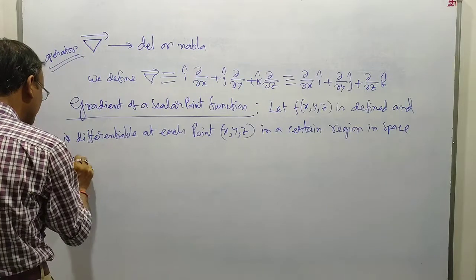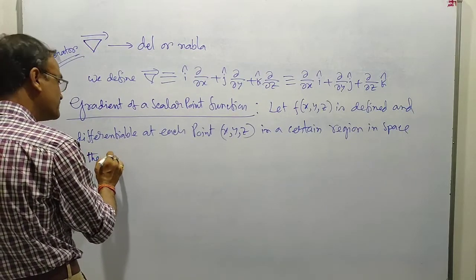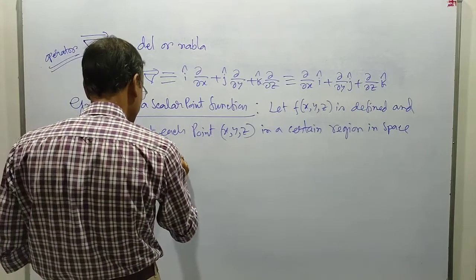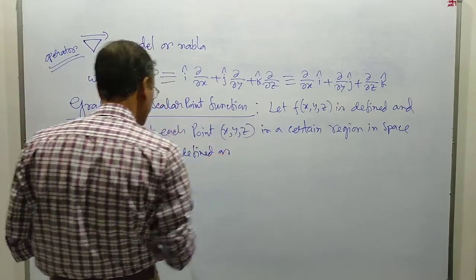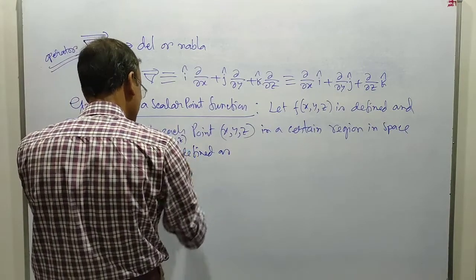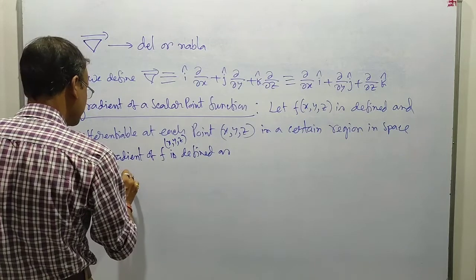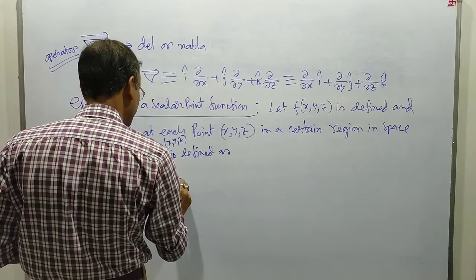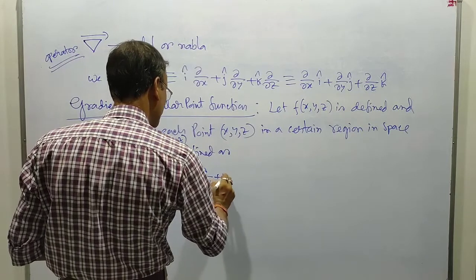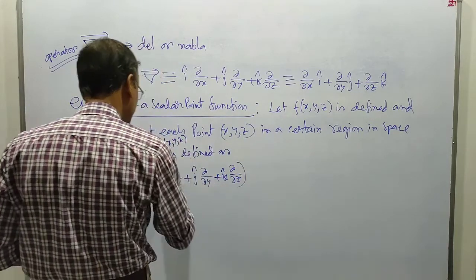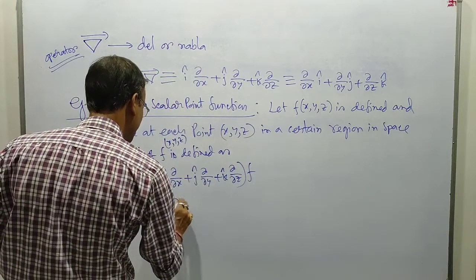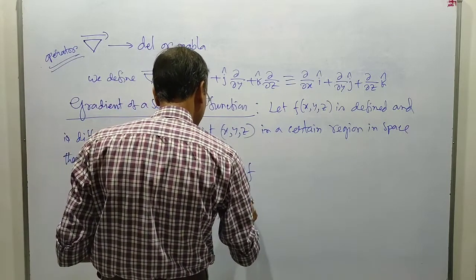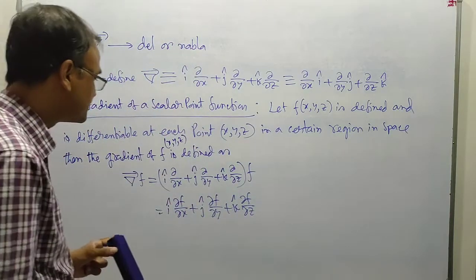Then the gradient of f, which is a function of x, y, z, a scalar point function, is defined as gradient of f equal to i cap del del x plus j cap del del y plus k cap del del z applied to f, which is equal to i cap del f by del x plus j cap del f by del y plus k cap del f by del z. It is defined like this.